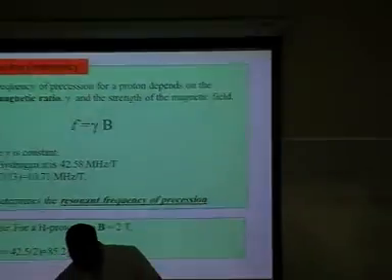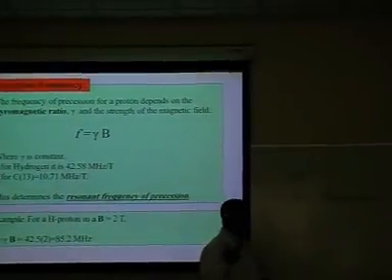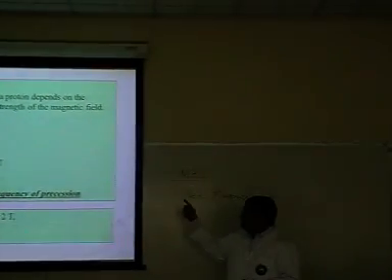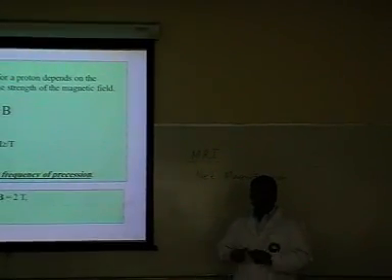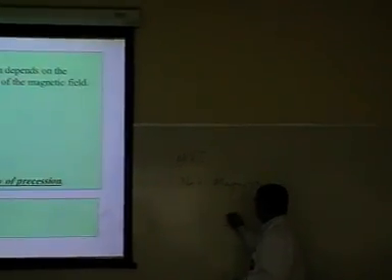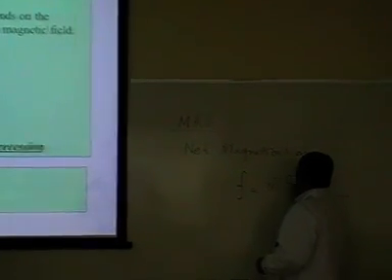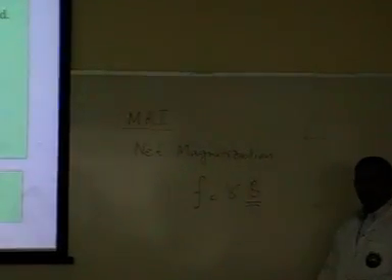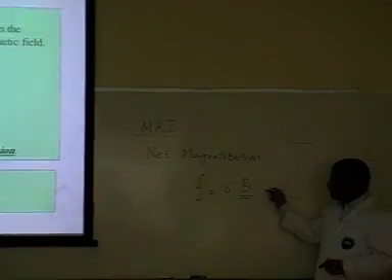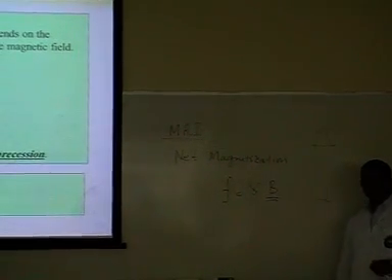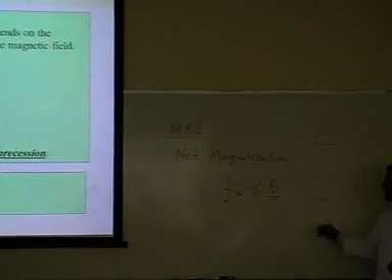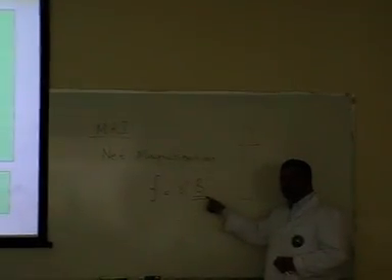We had a very nice picture which shows us what precession means, and the frequency of the precession, we can calculate it very easily. Remember? We calculate it from this equation where F is simply equal to, the precession frequency is equal to what? Yeah, it depends on the magnetic field, which we'll call it V0 today, because later on today in the lecture, we'll see that there is another thing that we need to add.